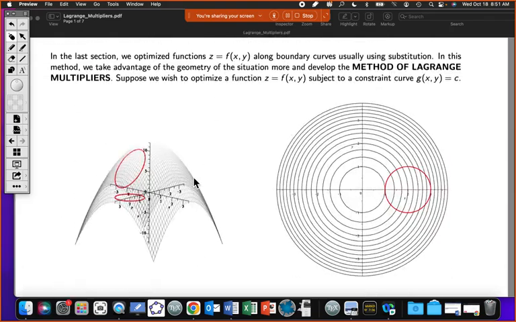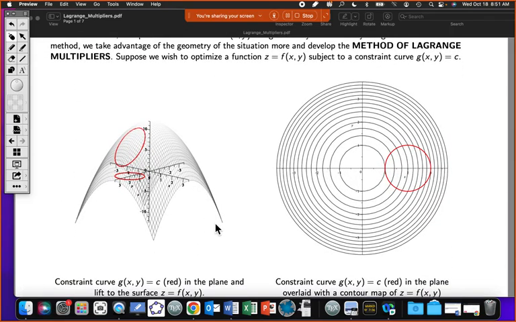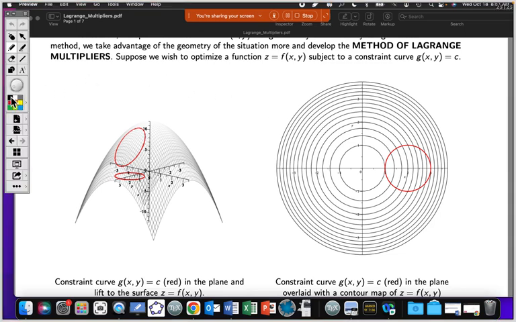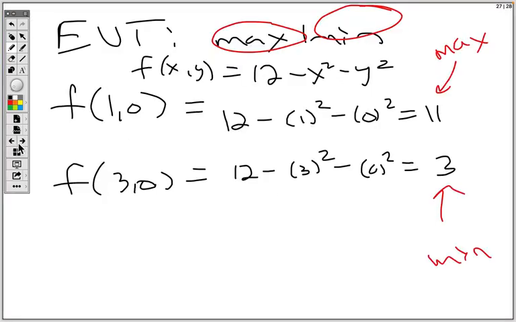And as I mentioned yesterday, this is exactly the situation we have here. So the top point here is the point 1, 0, 11. This is the point 3, 0, 3.